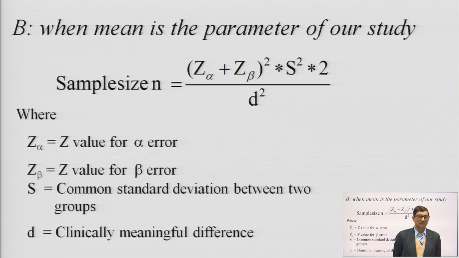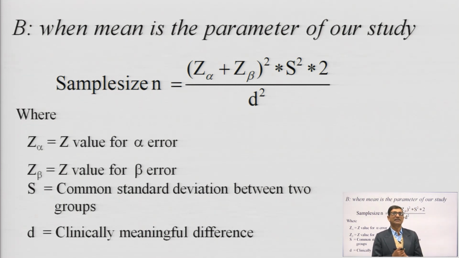This formula is used when we want to compare the means of two groups. Remember, when we want to compare two proportions, we apply the previous formula, and when we want to compare the means of two groups, we apply this formula.